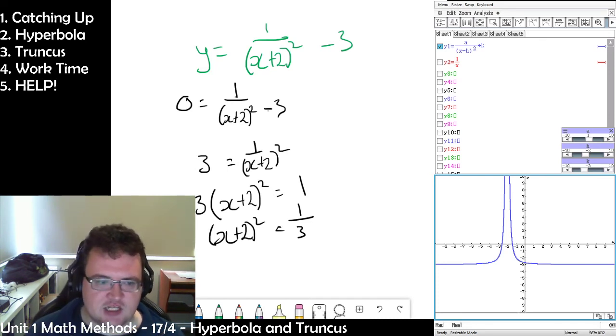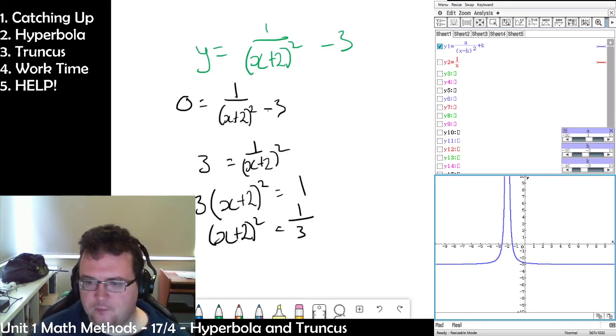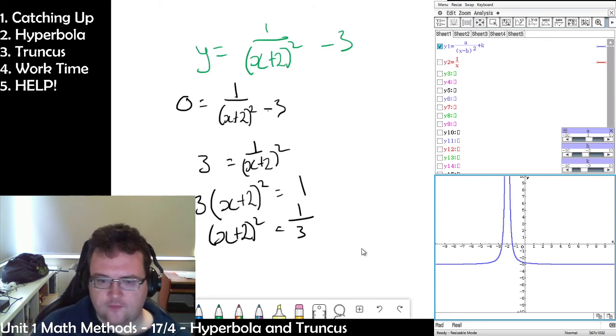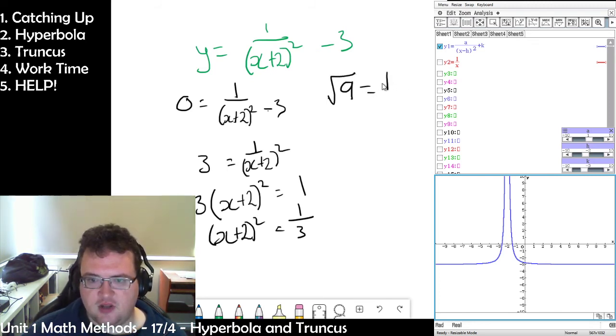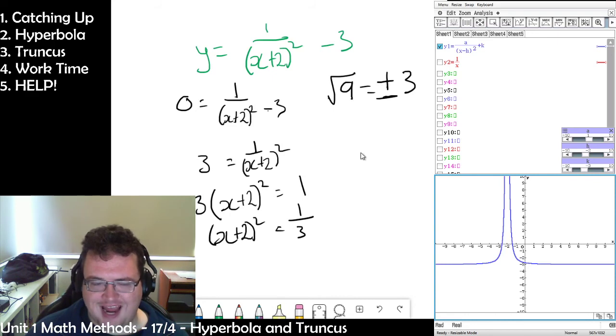What happens when I take the square root of something? I don't just have one answer, do I? So if I take the square root of 9, what's my answer? It's plus and minus 3. All right, I take the square root of anything, I have the plus and the minus of that.